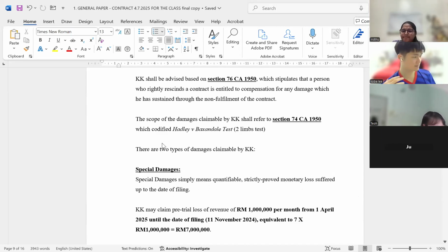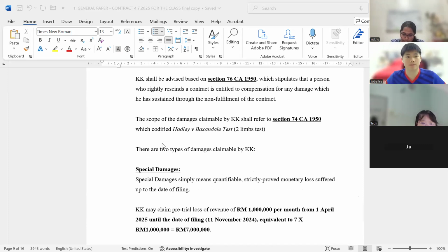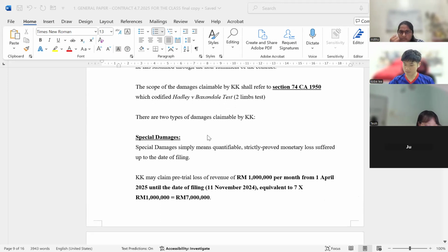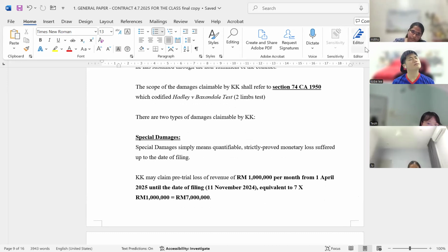Okay, the thing is very clear. There are two types of damages claimable under the monetary award part. What are they? Don't talk so much about expectation loss, reliance loss, all that. Just make it practical.